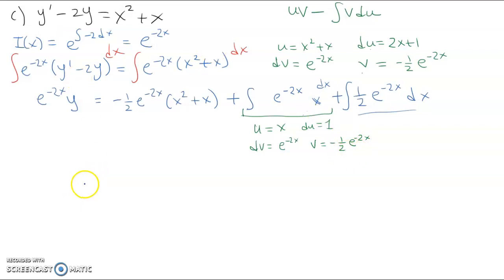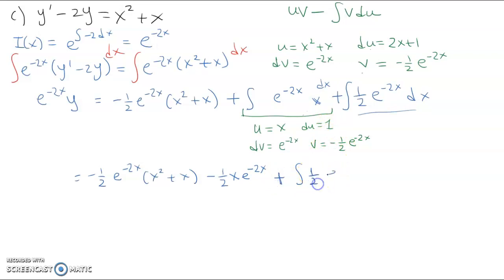Okay, so writing everything out again, we have 1/2 e to the power of negative 2x times x squared plus x, and it's u times v, so it's going to be negative 1/2 x e to the power of negative 2x, minus the integral of v times 1, but again there is another negative, so I'm going to make that a positive.